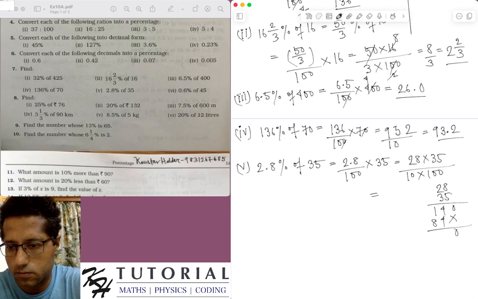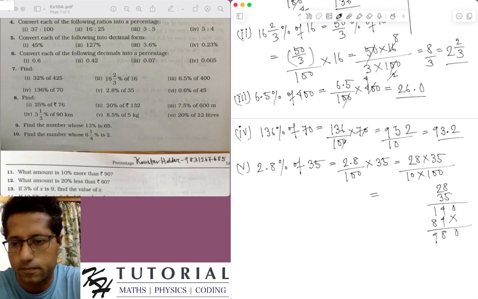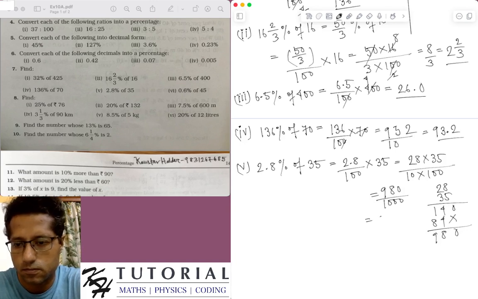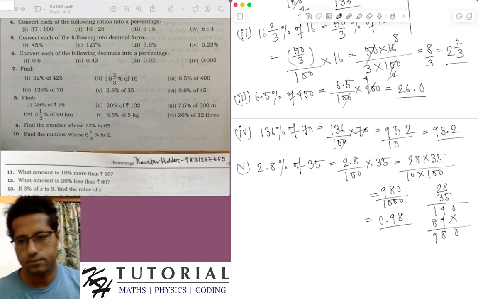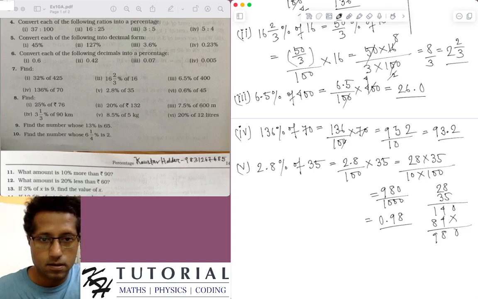This is 980. 980 divided by 1000. This is 0.98. 0.98. Okay. What else?